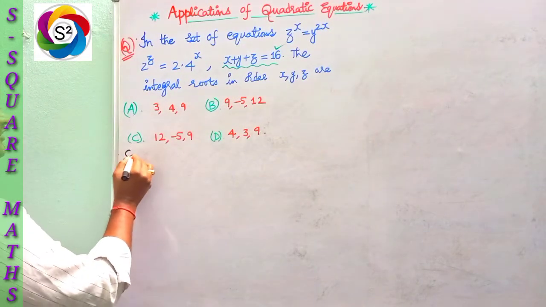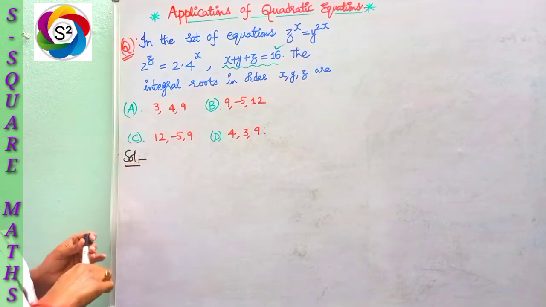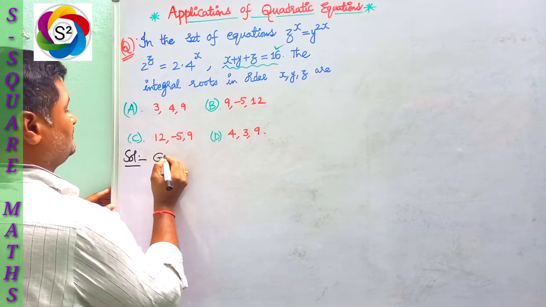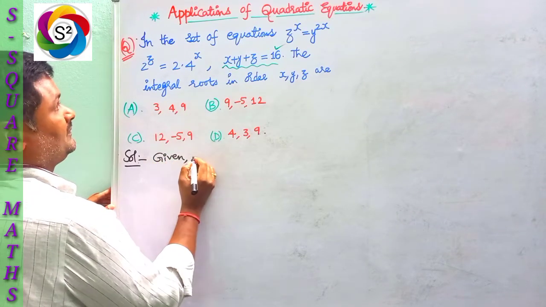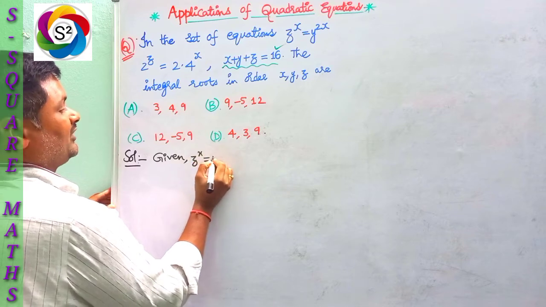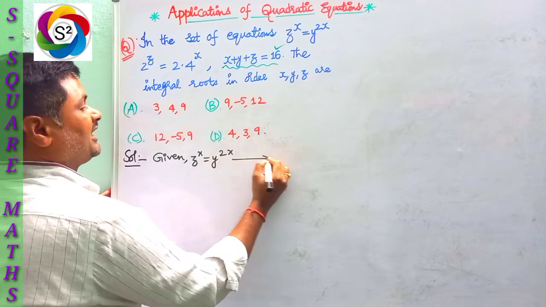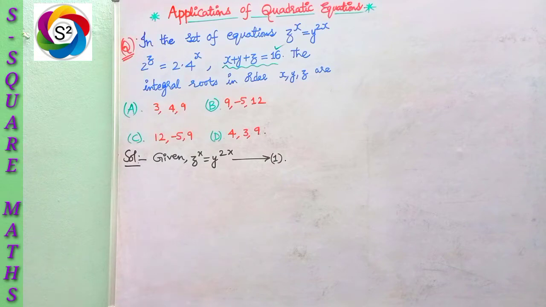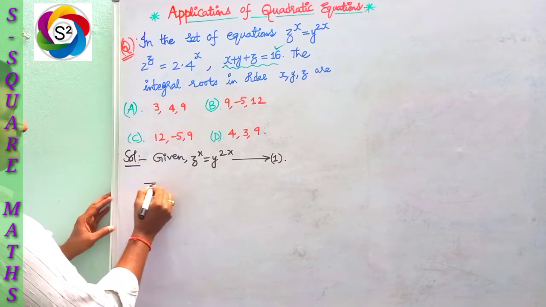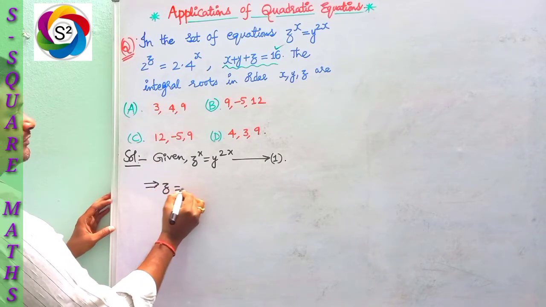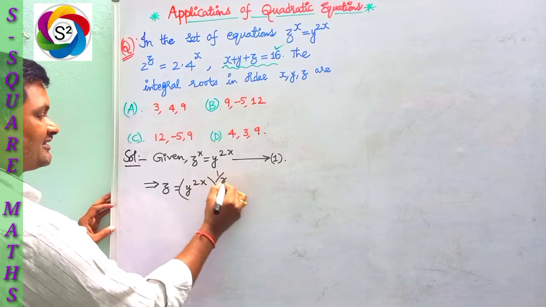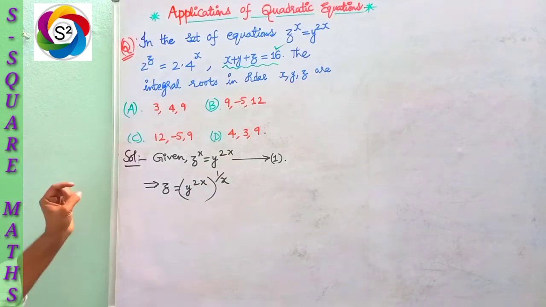So the solution follows. Given z power x is equal to y power 2x. Mark this as equation number 1. Now this can be written as z is equal to y power 2x whole power 1 by x, using a power m whole power n.